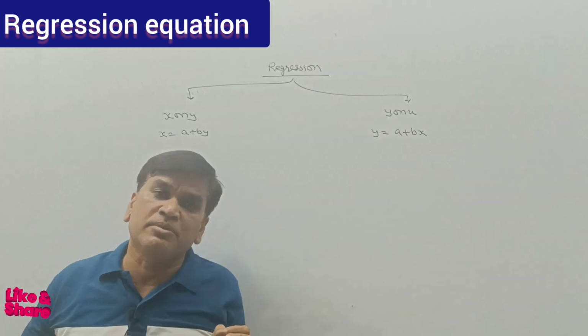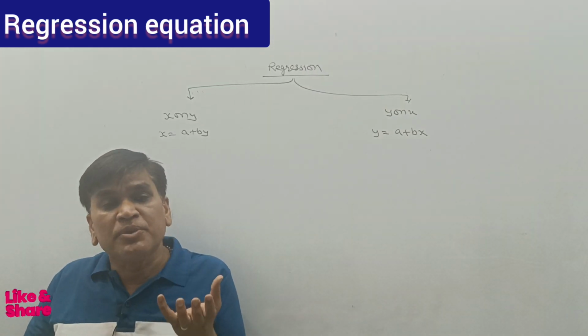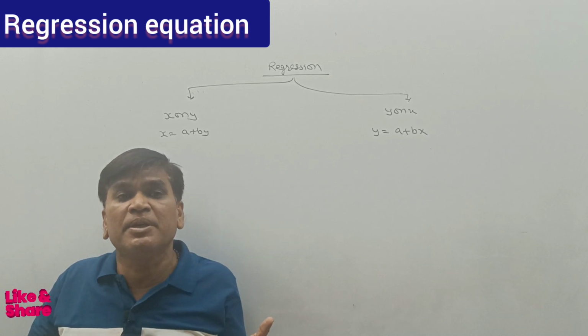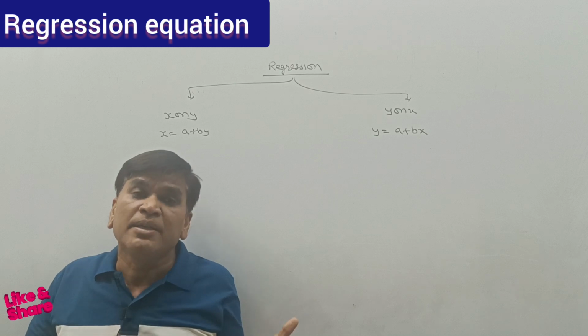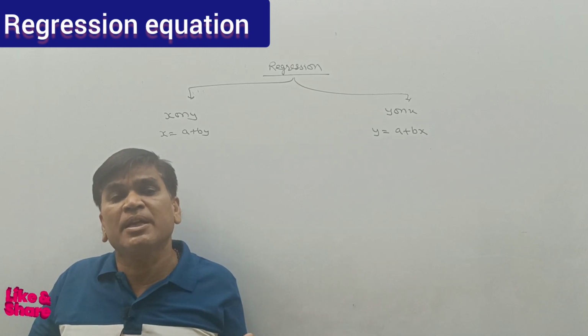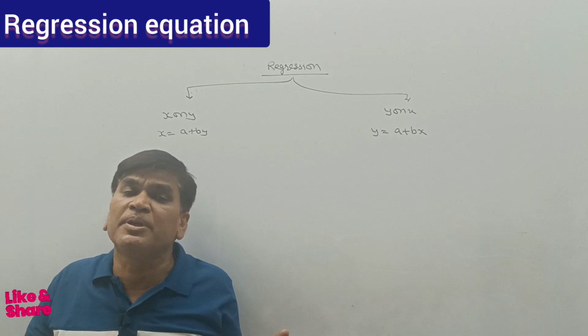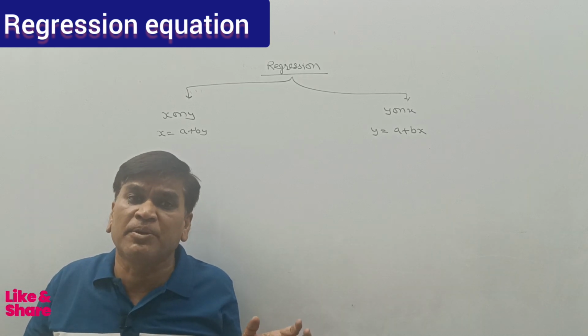So very first you should be clear: when y is given and you are to calculate the value of x, then you have to calculate x on y. If x is already given and on behalf of x you have to calculate the value of y, then you should calculate y on x.